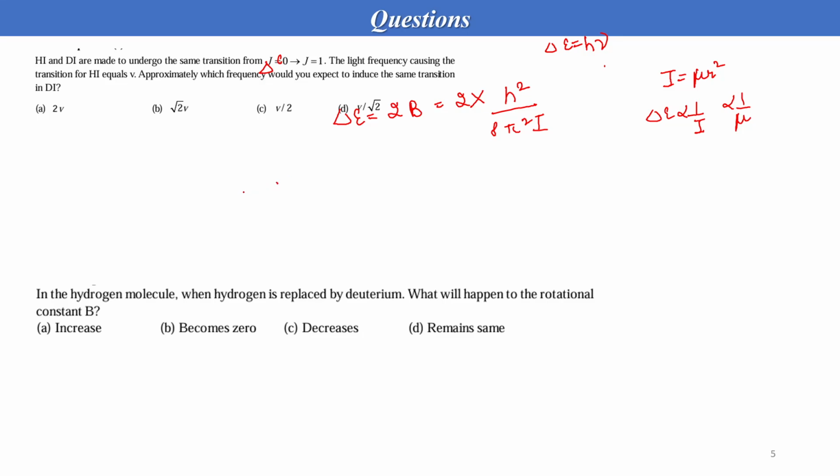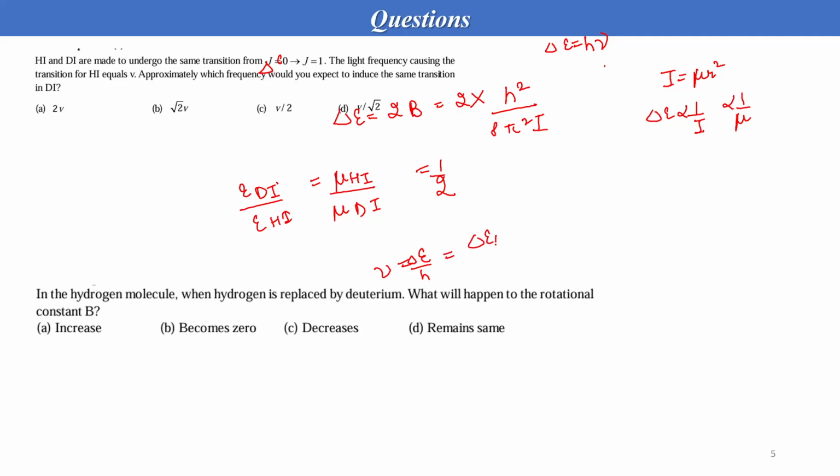So we can simply write in terms of energy that E of DI divided by E of HI will be equal to mu of HI divided by mu of DI. So it will be equal to 1 by 2. Now we know that frequency is equal to delta E by h.